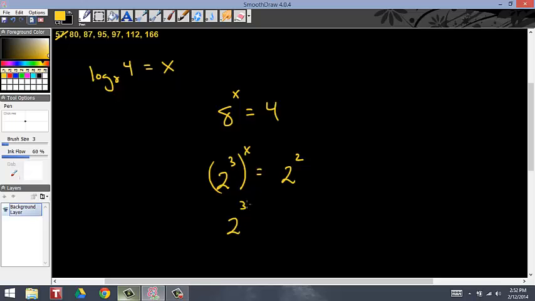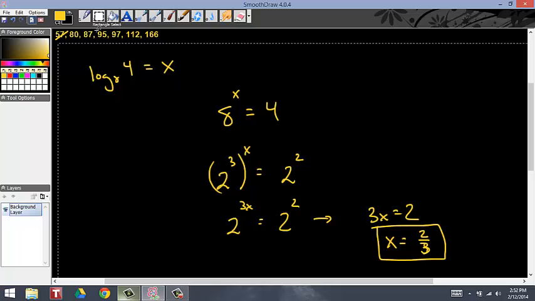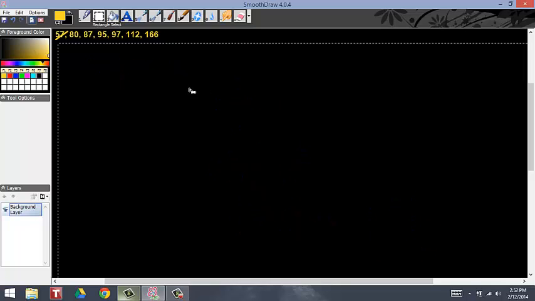This is 2 to the 3x equals 2 squared. Hey, if the bases are the same, what are the exponents got to be? The same. So 3x equals 2. What does x equal, people? 2/3. That's the only problem that's really like that, yo.